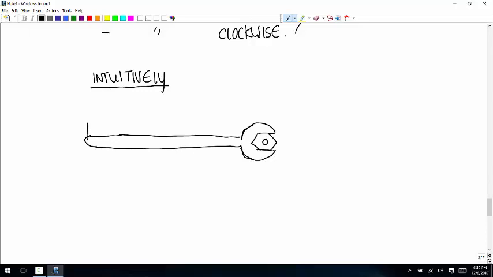So if you apply your 100 newtons of force here, and the idea is that that bolt is the axis A, then you're going to produce a big moment. If you apply your 100 newtons here, you're going to get a medium moment. It's going to be half as big as the one you get there.